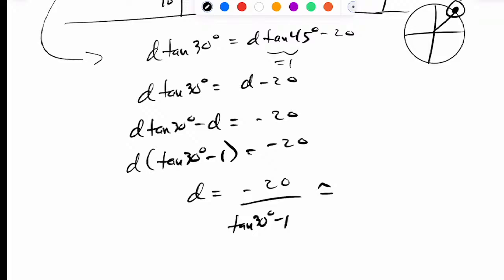Tan 30 minus 1. Okay. My calculator is giving me, here we go.